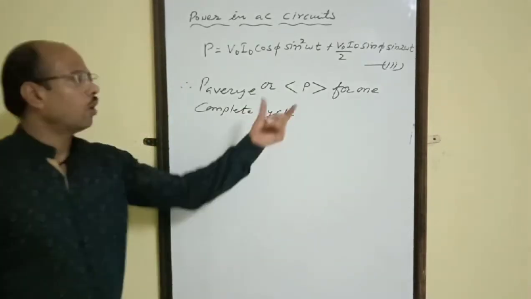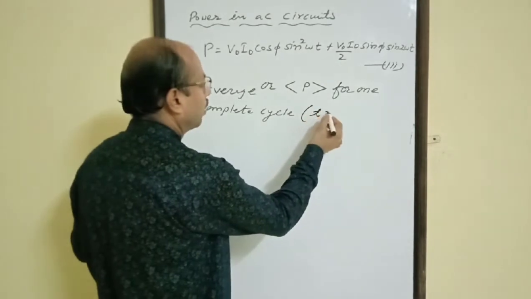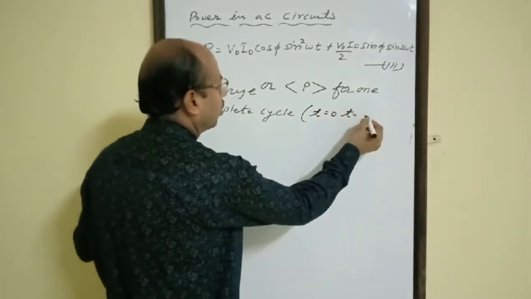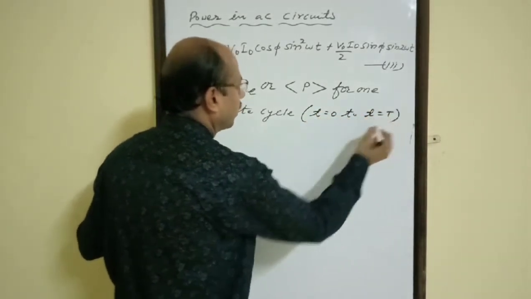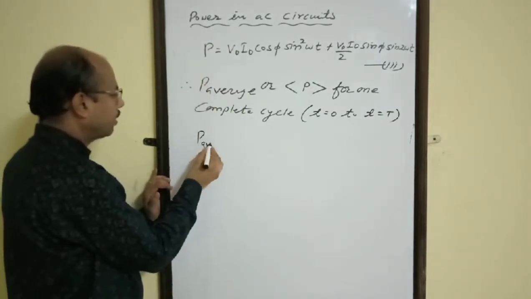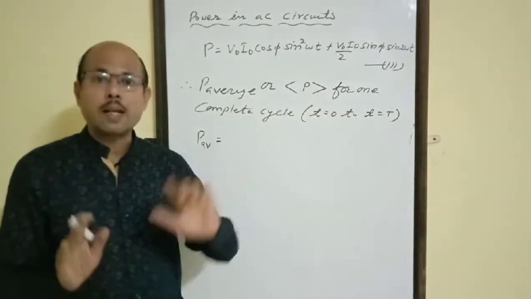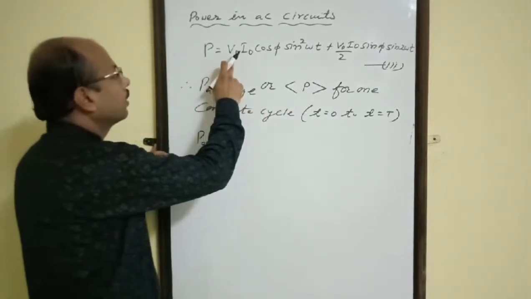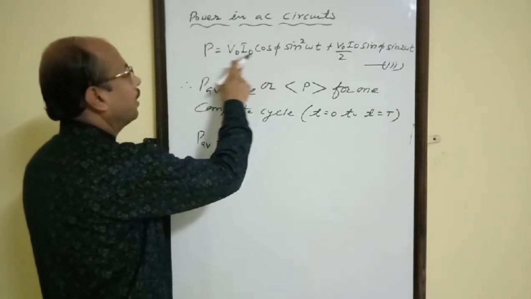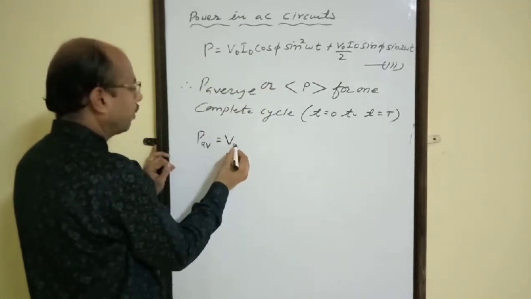P average for one complete cycle, that is time t equals 0 to t equals T, can be written as P average equals to... Since here we are finding the time average, these three quantities are independent of time. They will remain as they are. There will be no effect of average.